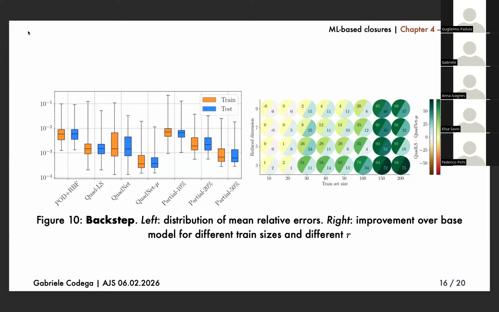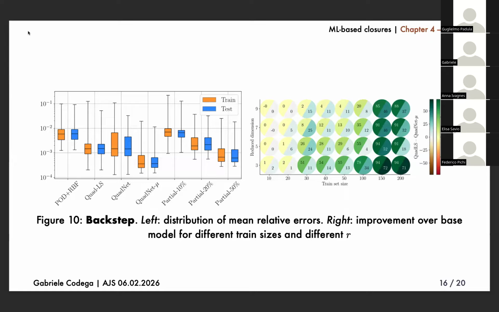And as you can see, if we increase a little bit the size of the training dataset, by the point we use just 50% of the nodes, so for instance, in the backstep case, you have 3,000 elements, so we use just 1,500 locations in the domain and extrapolate on the others, we get an error that is even lower on average than the least squares model, which is quite good to me. And this means that you can speed up training quite significantly.